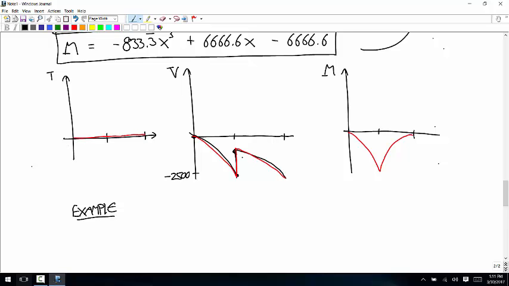V, the absolute value of the shear force, appears to be the biggest all the way at the right end, or maybe it's biggest close to the midpoint. The bending moment appears to be biggest close to the midpoint, and so we're probably most concerned about this thing breaking near the midpoint. That's how you would use that.